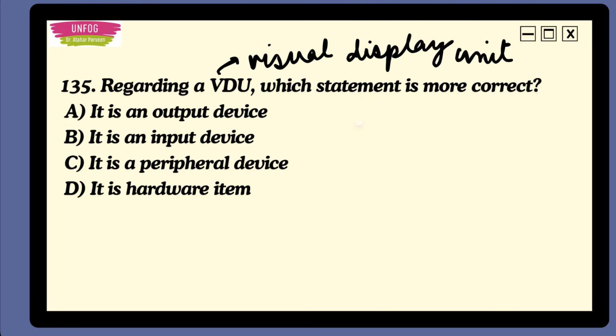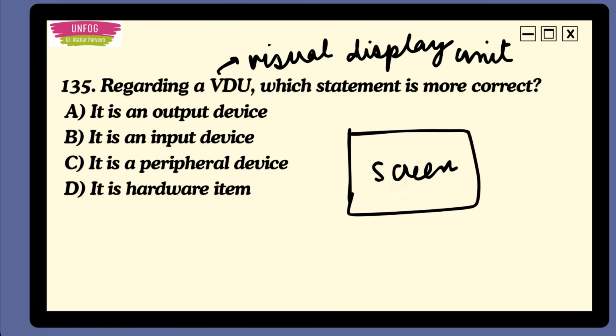Before seeing the options only, you know one thing about visual display unit is that your video is printed on the screen. Okay, it is something that is being given by the computer. That means it is output of the computer. That is why the correct answer is that it is an output device.